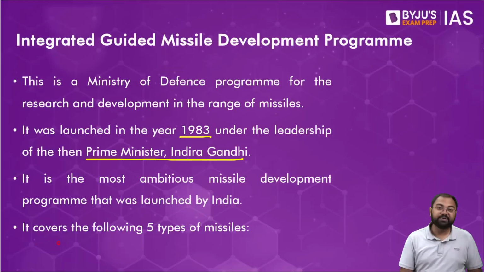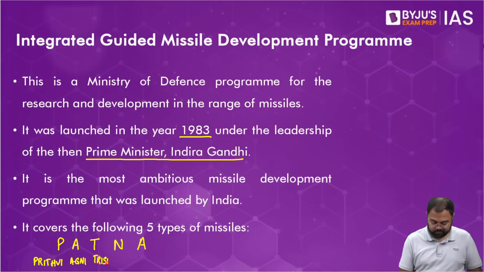So five names. To remember the five names, you can use the beloved city of Patna. We have Prithvi. We have Agni. Then we have Trishul. We have Nag. And we have Akash.